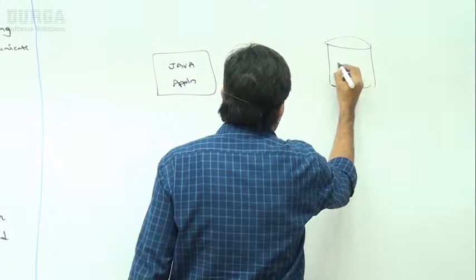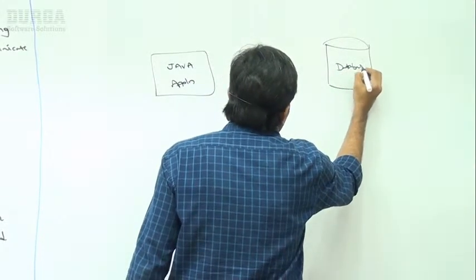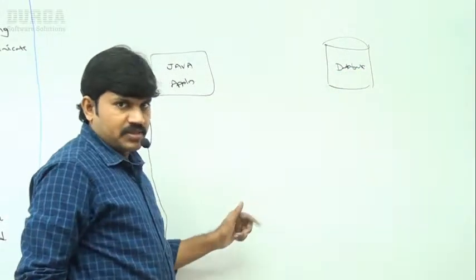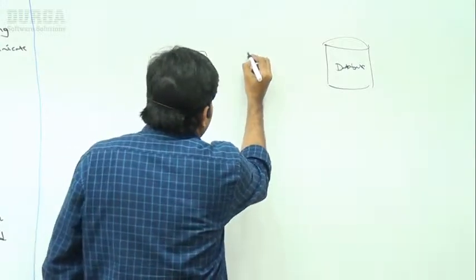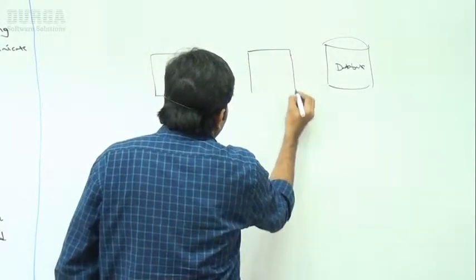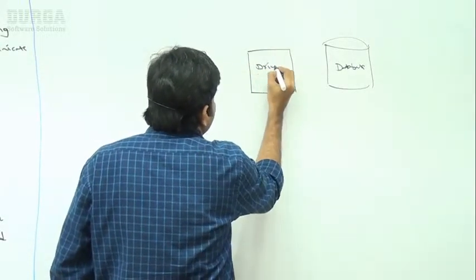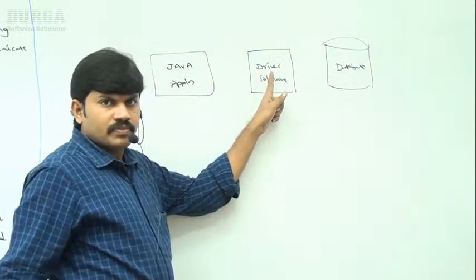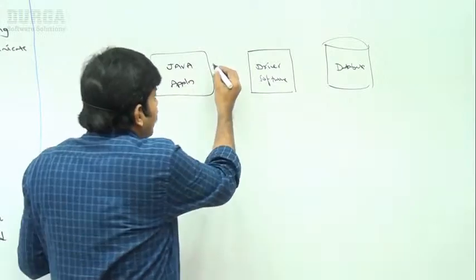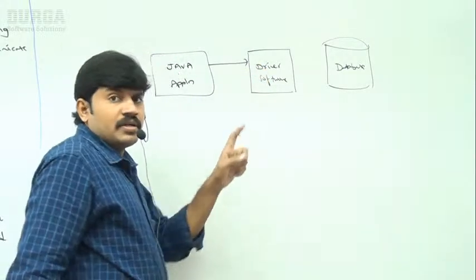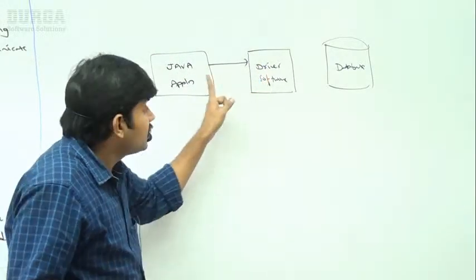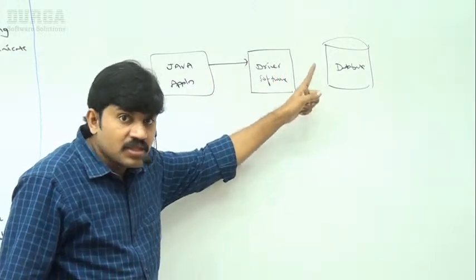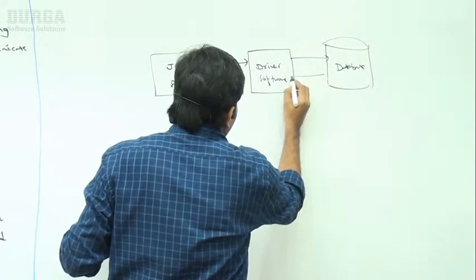If you want to communicate with the database, driver software must be required. Correct or not? The Java application can communicate with the driver software. The driver software converts Java calls into database specific calls, and database specific calls into Java calls, right?